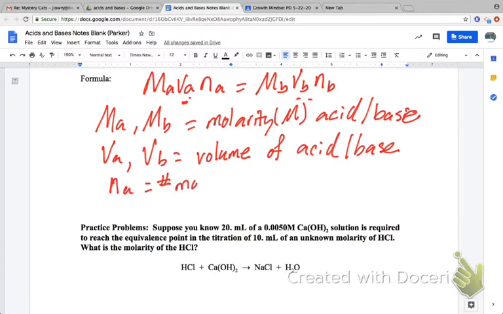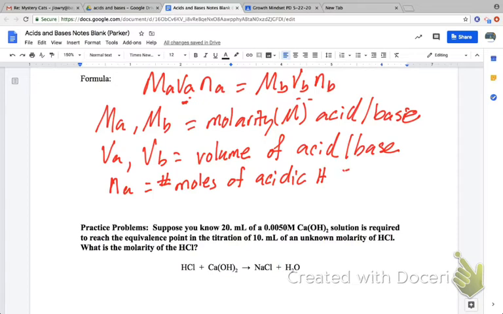Na is going to be the number of moles of acidic hydrogen, which sounds pretty complicated, but in the formula, it's just going to be the number of leading hydrogen.